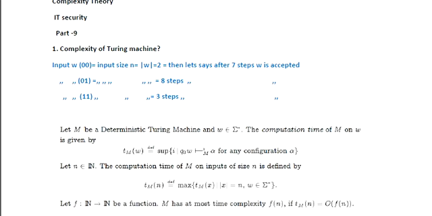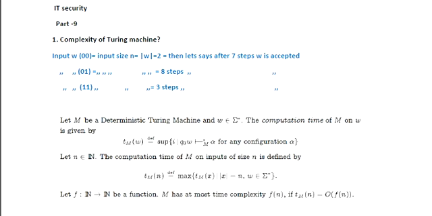Now if we consider a function f where the input is a natural number and the output is a natural number, which maps input to output, then my deterministic Turing machine will have the time complexity of function f of n, that is T_M(n) is equal to big O of f(n). So what does it mean?